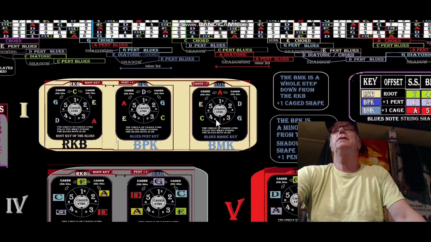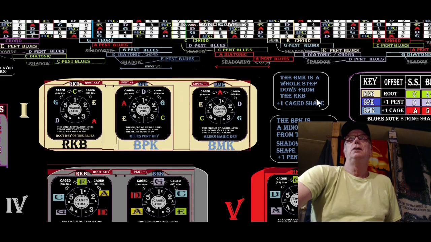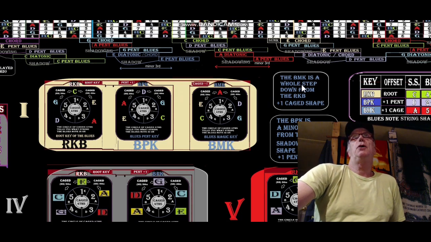What I've written here is the blues magic key is a whole step down from the root key of the blues. Therefore, it is one cage shape up.